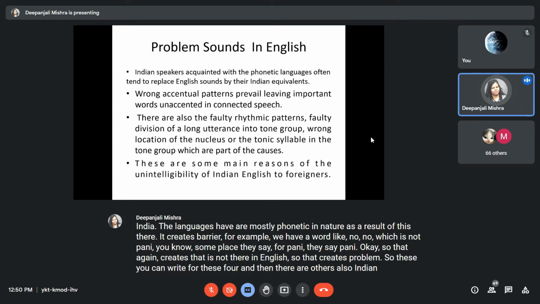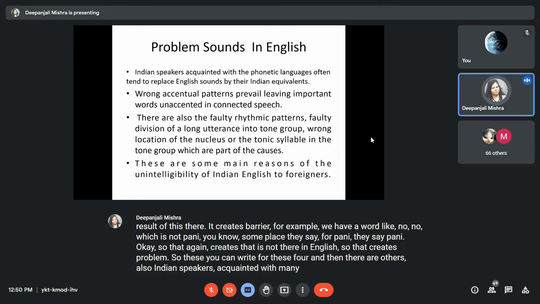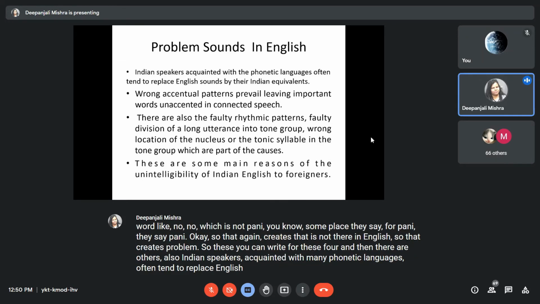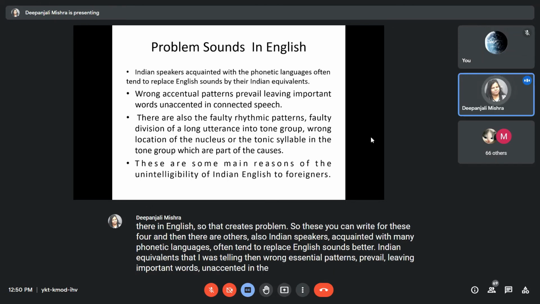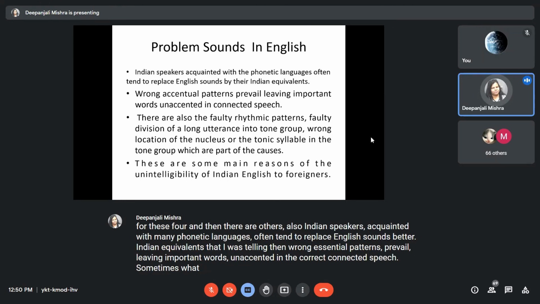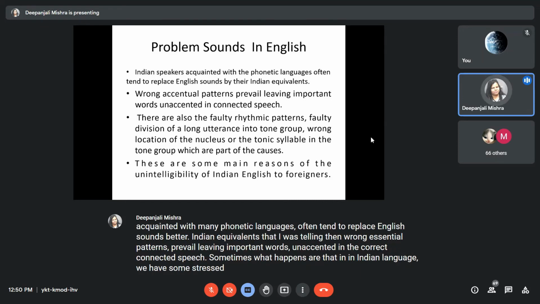Indian speakers acquainted with many phonetic languages often tend to replace English sounds by their Indian equivalents, as I was telling. Then wrong accentual patterns prevail, leaving important words unaccented in connected speech. Sometimes in Indian languages we stress a part of the word, but that is not there in English.